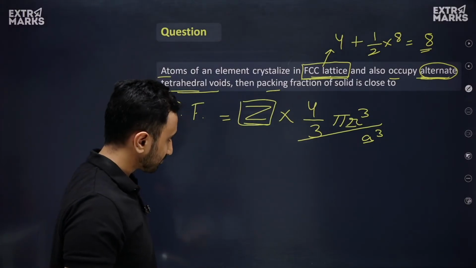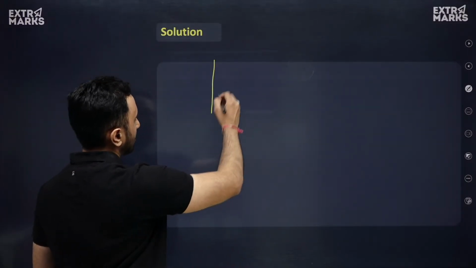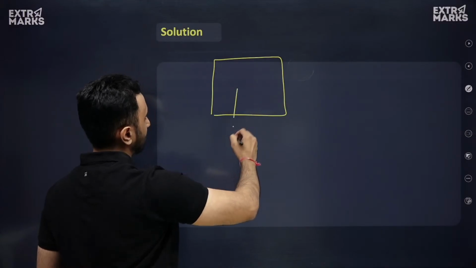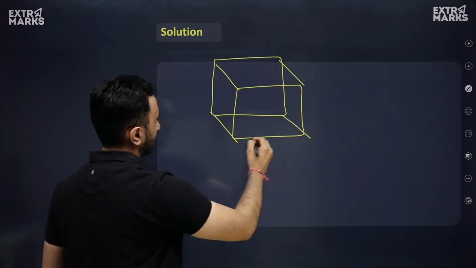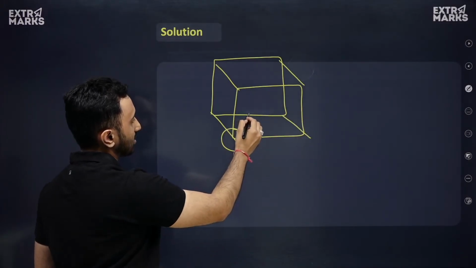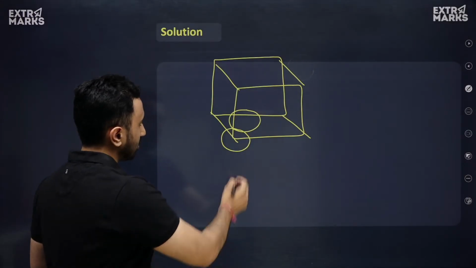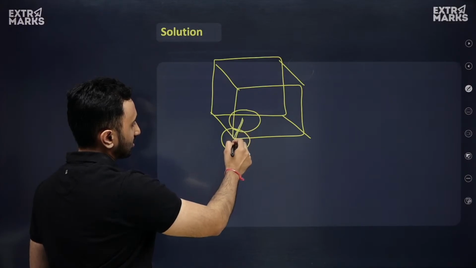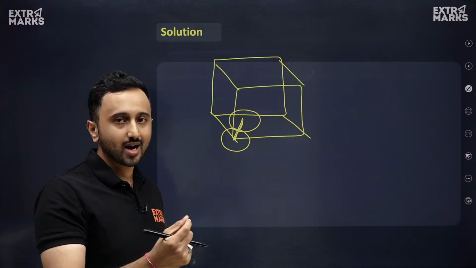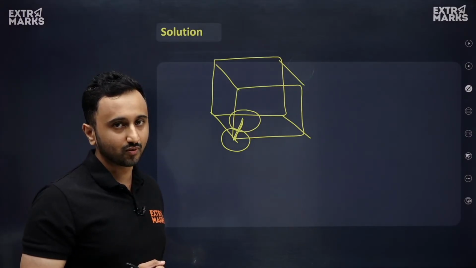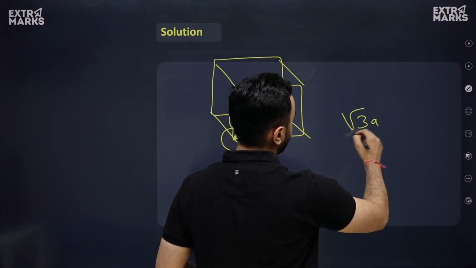If you take a look at the lattice, you will find that at the corner positions we have an atom, and at the tetrahedral void also we have an atom. If you look at the distance between the corner atom and the adjacent tetrahedral void atom, you will find that this value will be root 3a divided by 4.